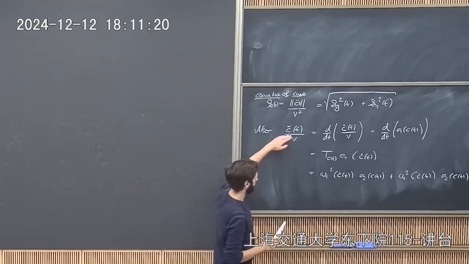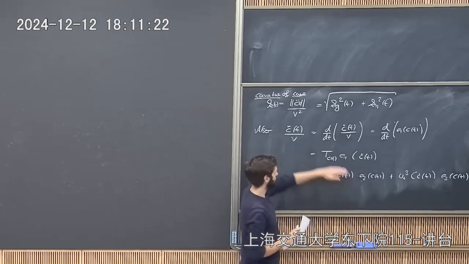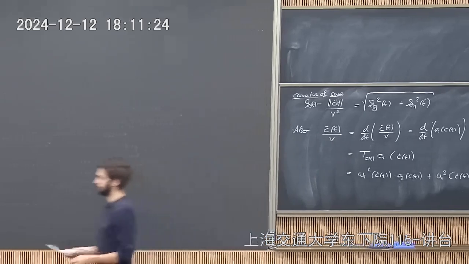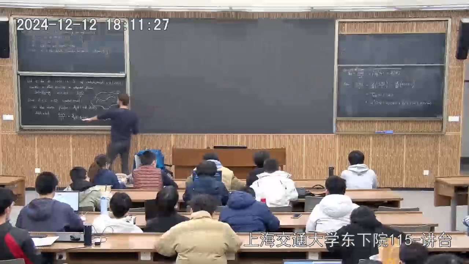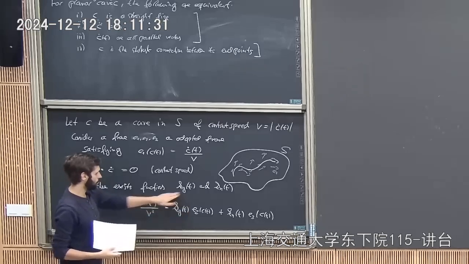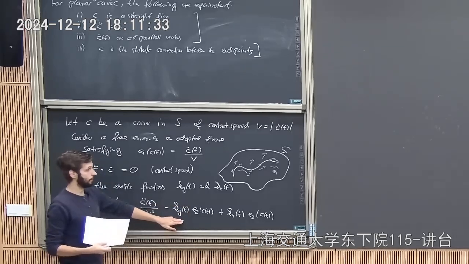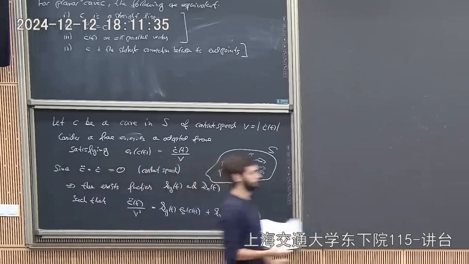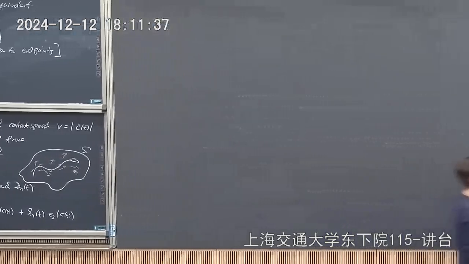So that's nice, because now we get a formula that looks very similar to this formula here, except that there's a scaling of v. Otherwise, we can read off what these kg and kn are in terms of these connection forms.